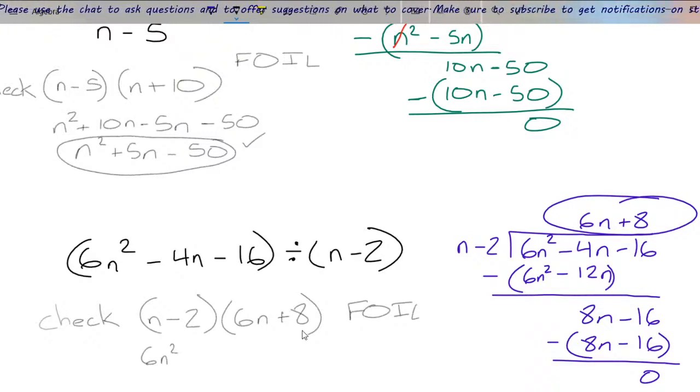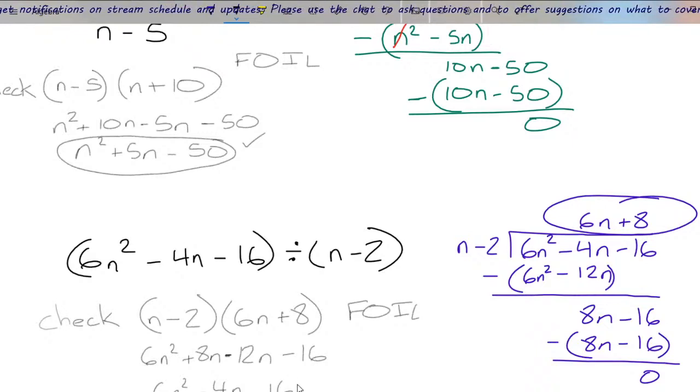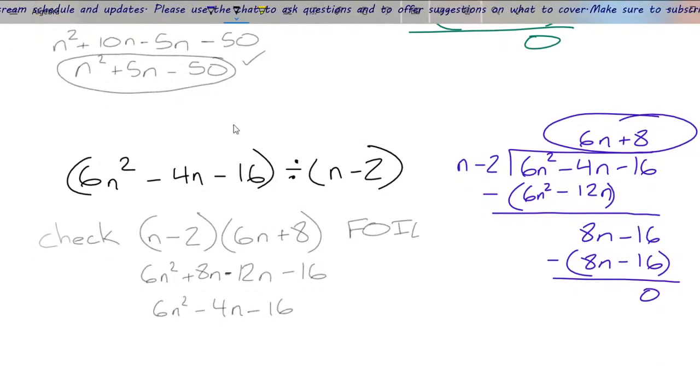Outer, n times 8, 8n. Inner, negative 2 times positive 6n, negative 12n. And last, negative 2 times 8, negative 16. Combine, or simplify, 6n squared, positive 8n minus 12n is negative 4n, and negative 16. Does this match what we were dividing? It does, so our check is good, so our answer is good.